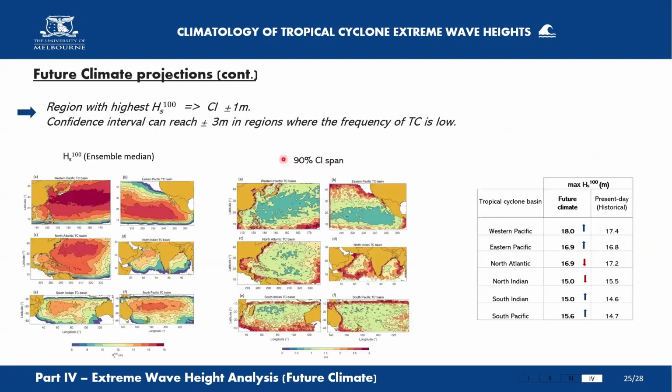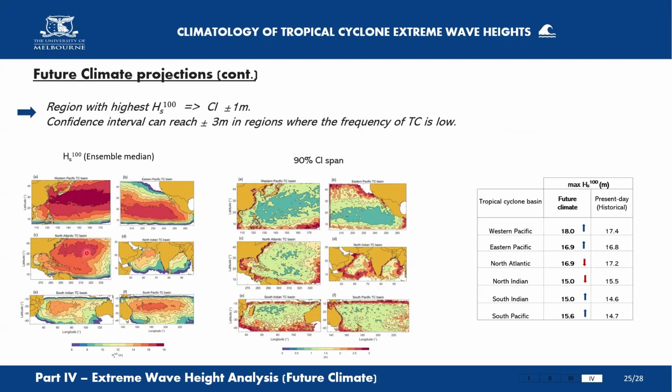If you look at the results for the HS 100 for the future climate, in the areas where we have the highest HS 100, our confidence interval is better, with just plus or minus 1 meter.